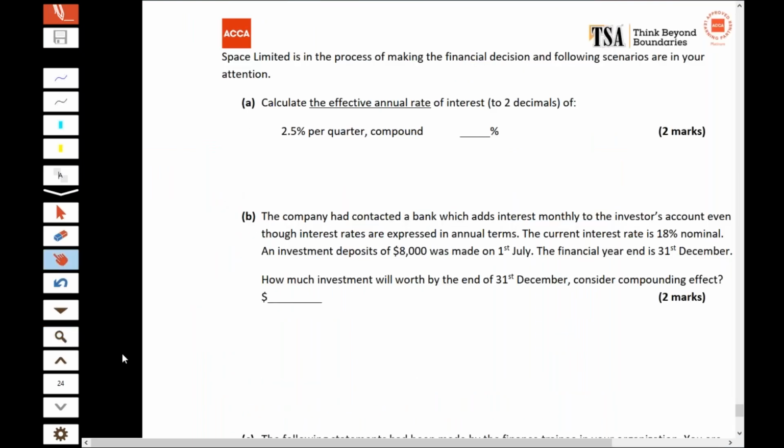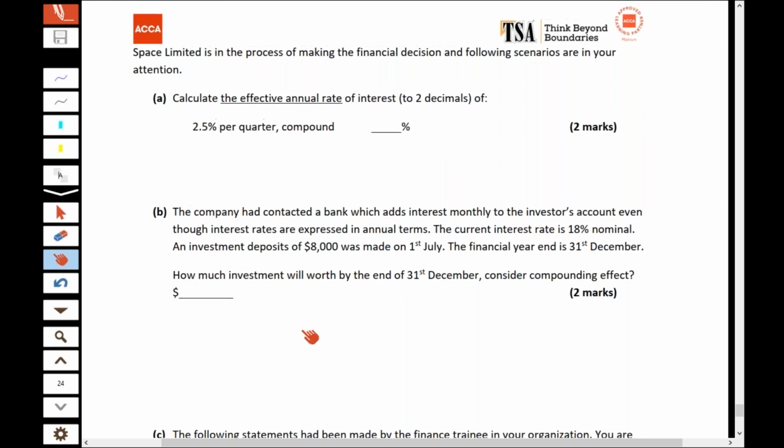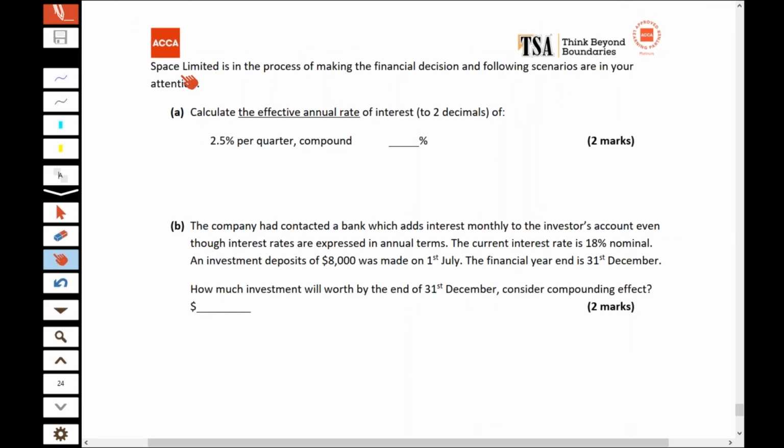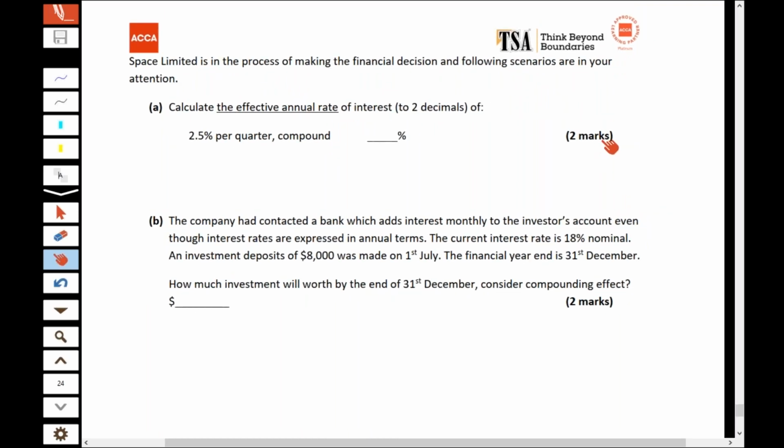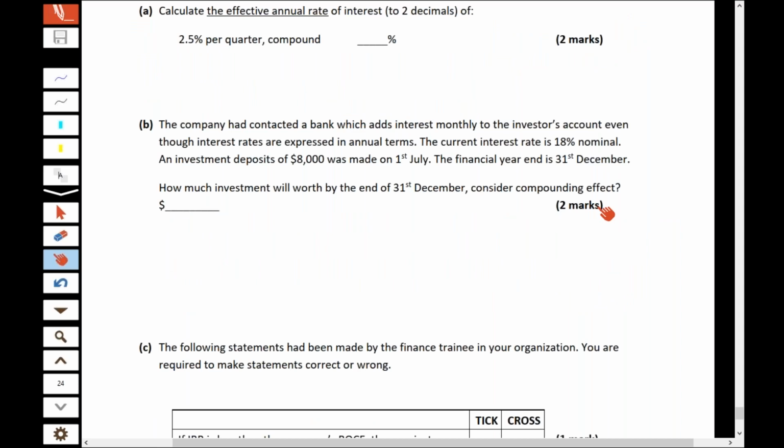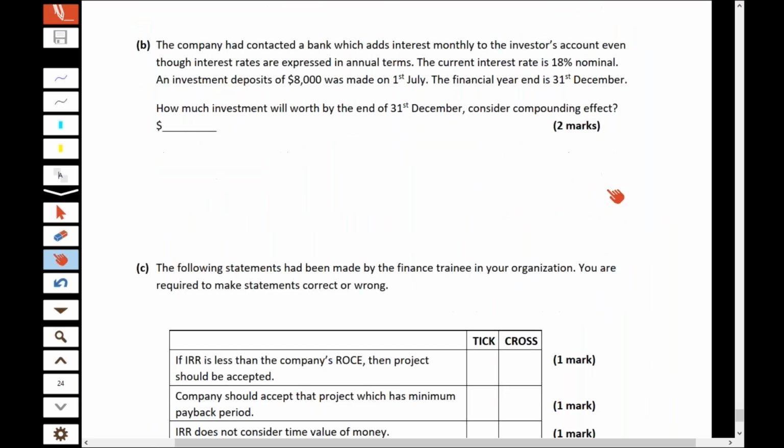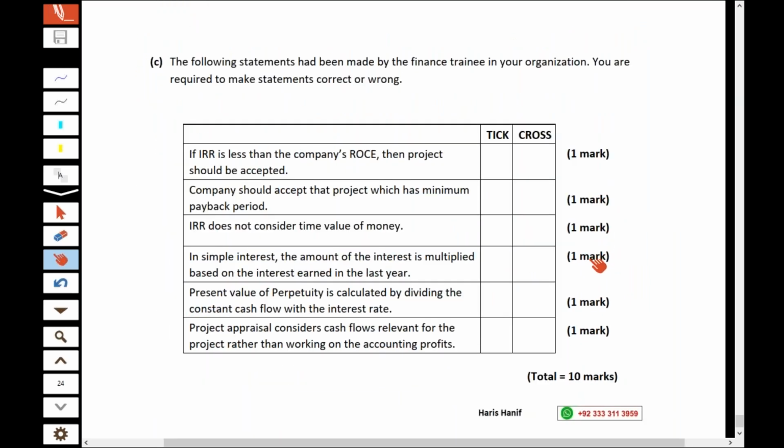I have left space to show my calculation as well. First of all, I would like to go through the complete question. Question number 1, worth 2 marks, and so on, totaling 10 marks.